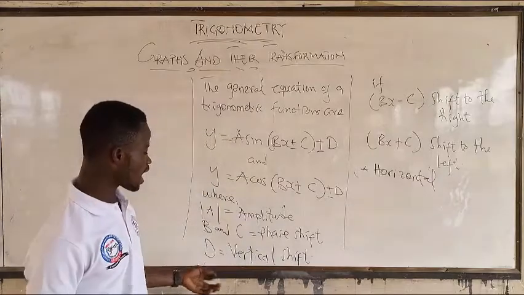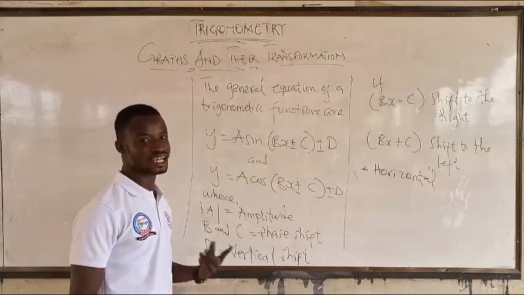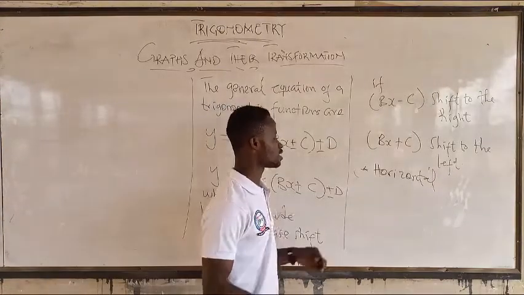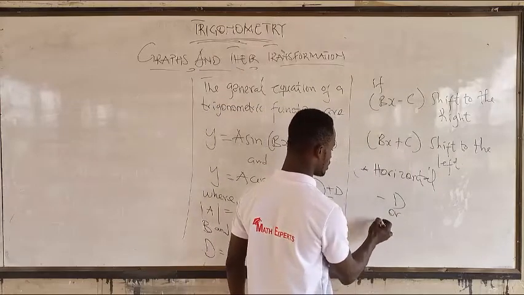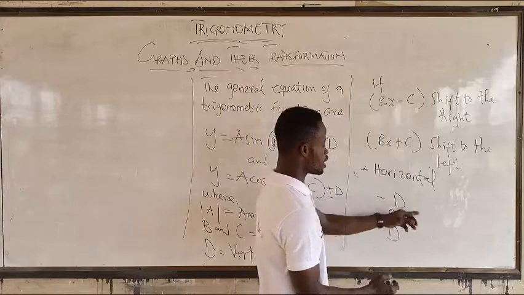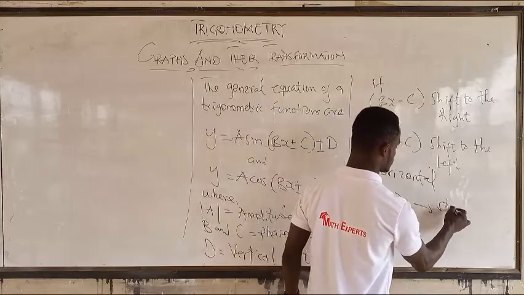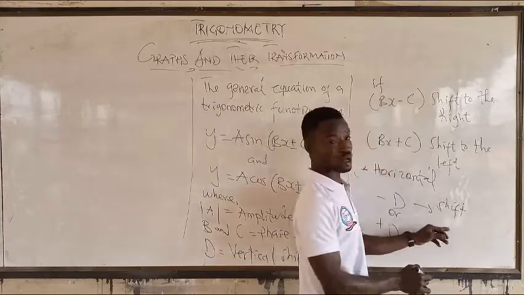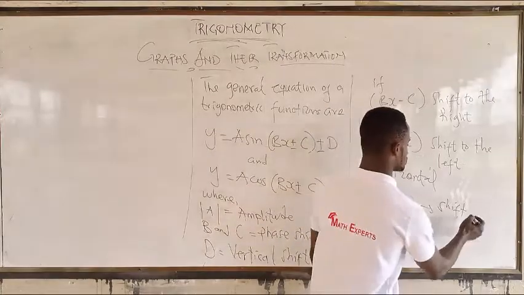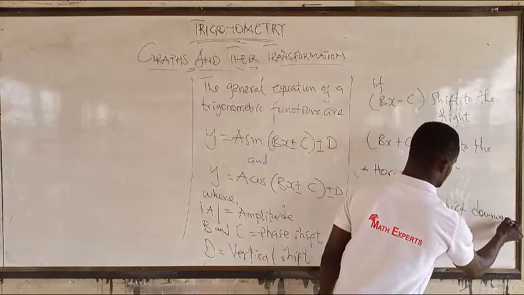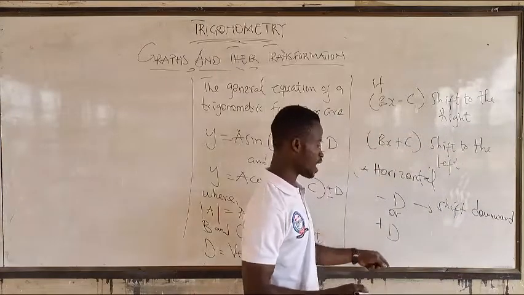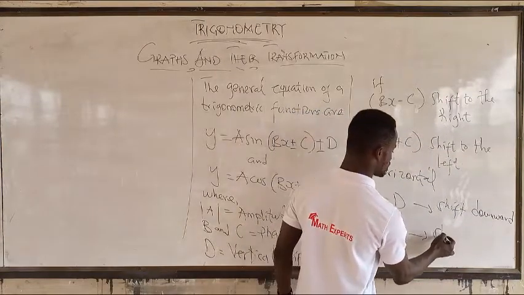Now, let's look at the d. The d is a vertical shift, and it depends whether we have minus d or plus d. This one will shift downward, and this one will shift upward.